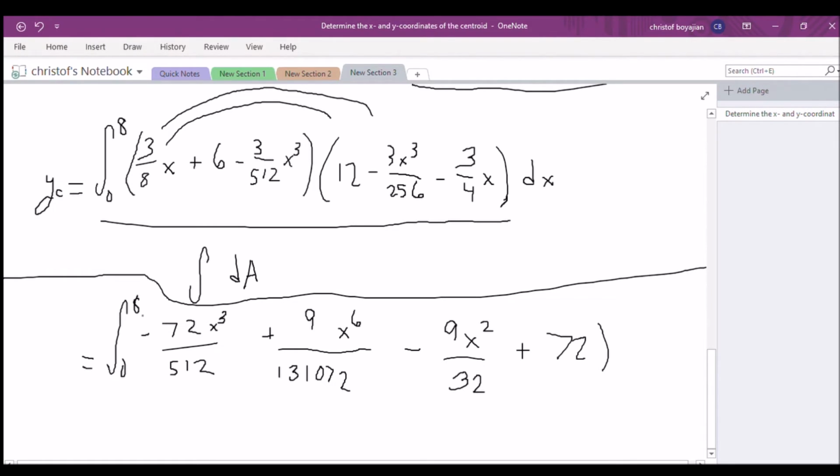This is all multiplied by dx. The integral of dA on the bottom.